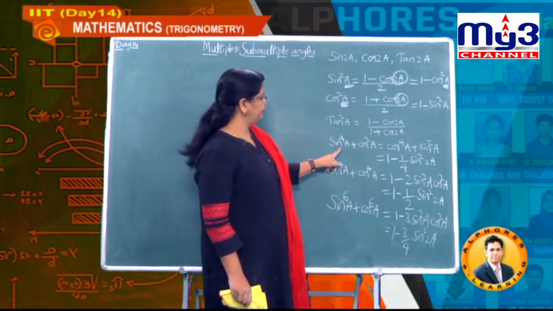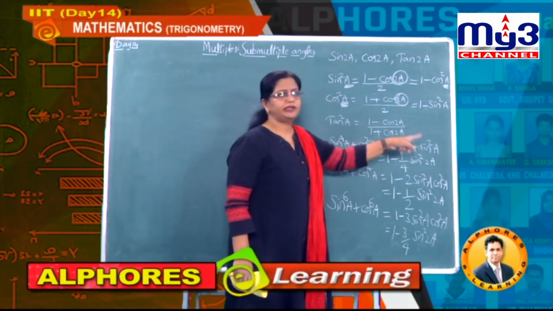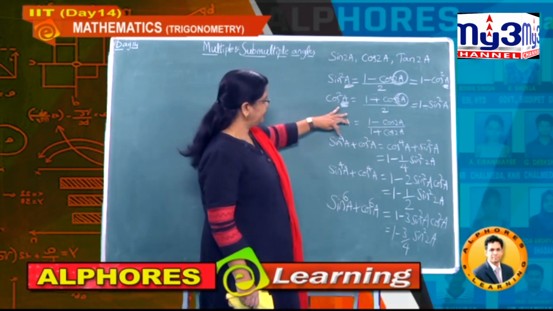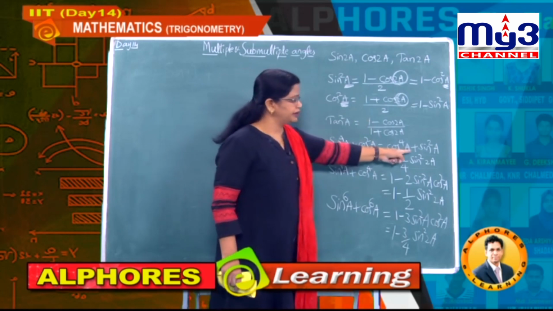Now sin power 4A plus cos power 4A is the same as cos power 4A plus sin power 4A. That means just interchange these two values, then also the value remains the same.